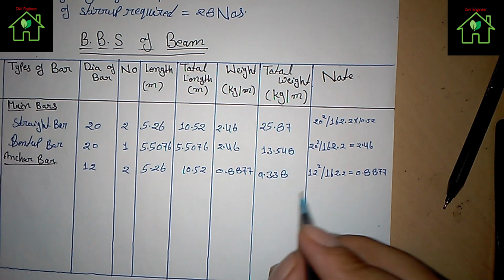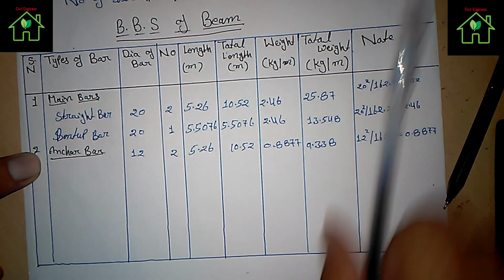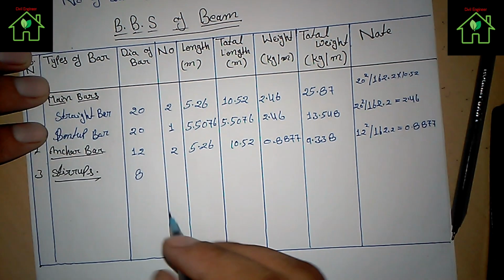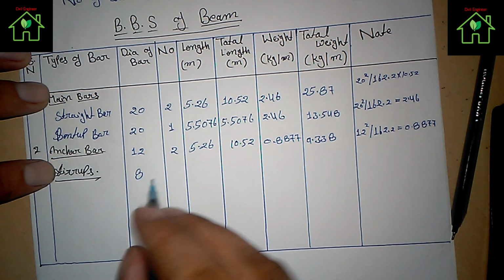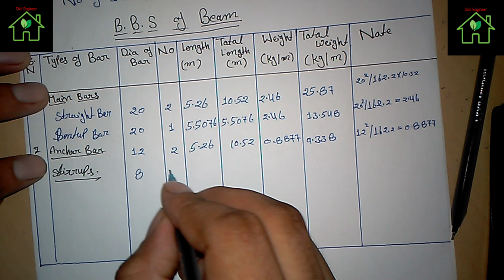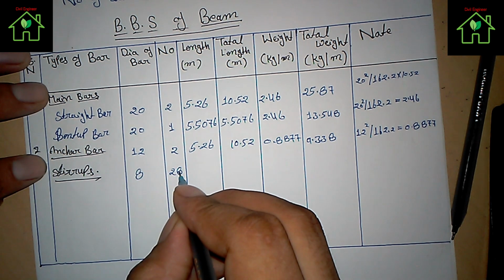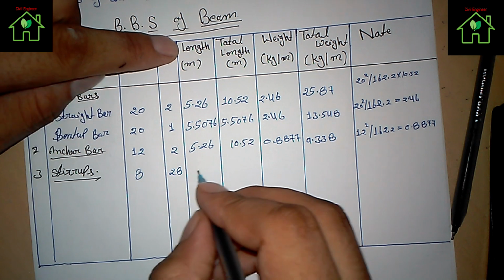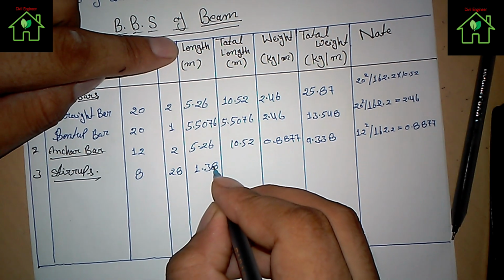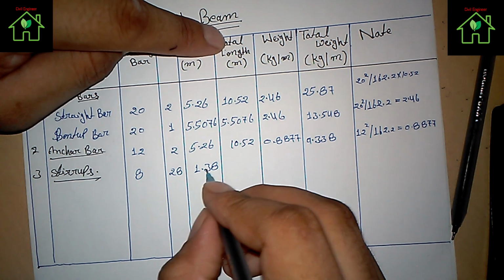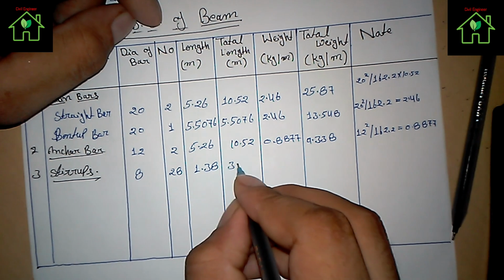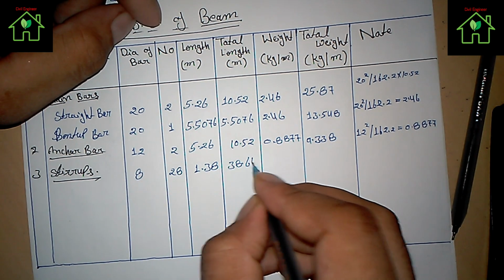After getting the value of anchor bar, we will calculate the value of stirrup. What is the dia of stirrups? 8 mm. Number of stirrups: 28. Length of stirrup: 1.38. Total length of stirrup after multiplying by number: 38.64.